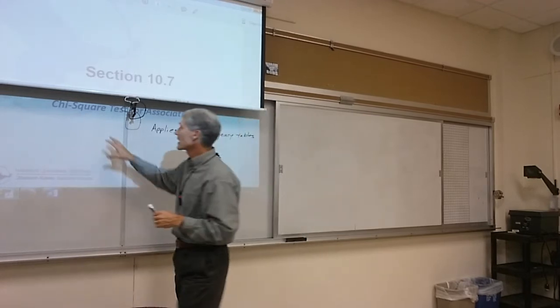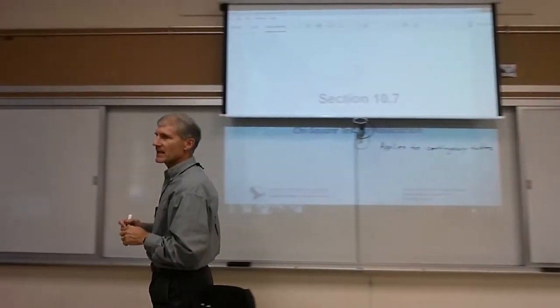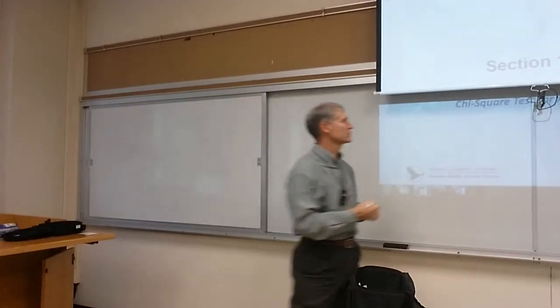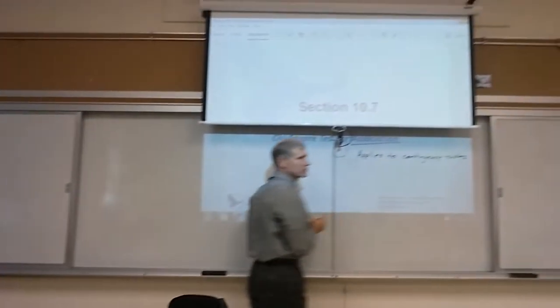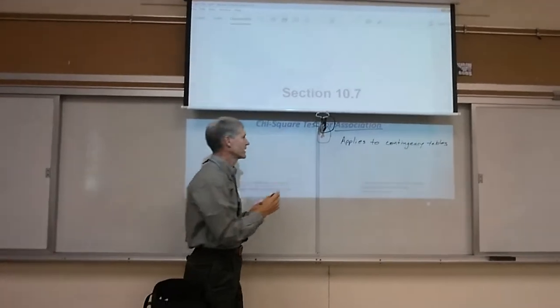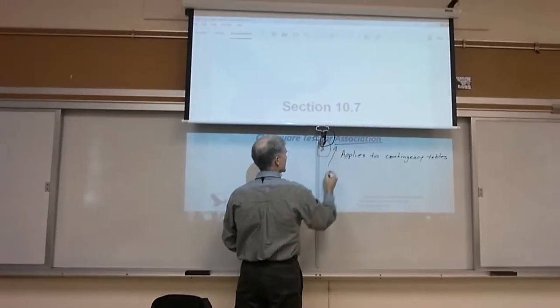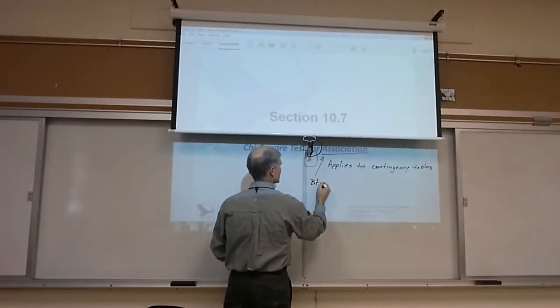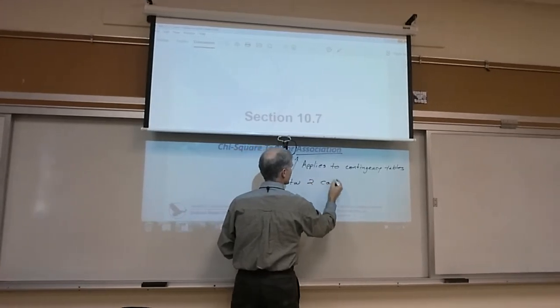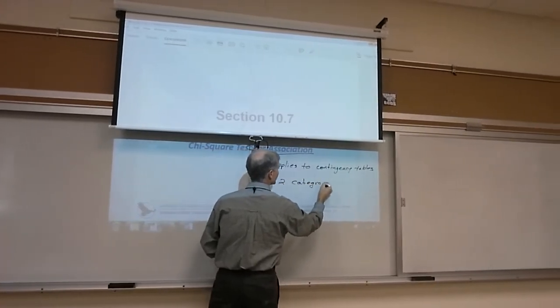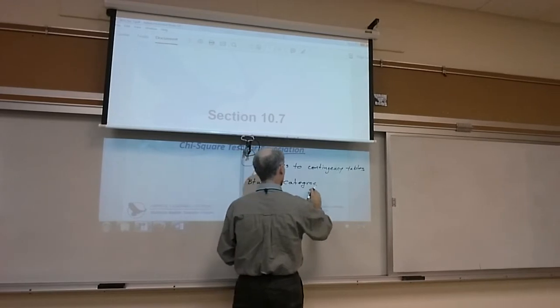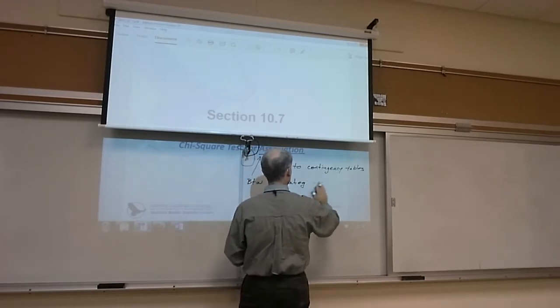So a chi-square test is a way to test to see if there is association between those 2 categorical variables. Association between 2 categorical variables.